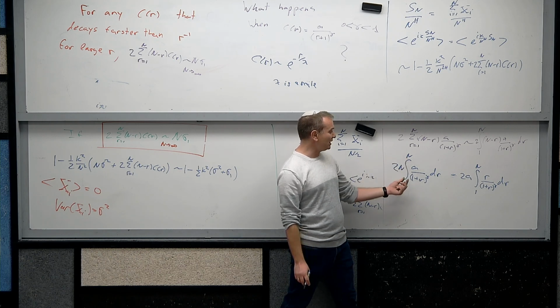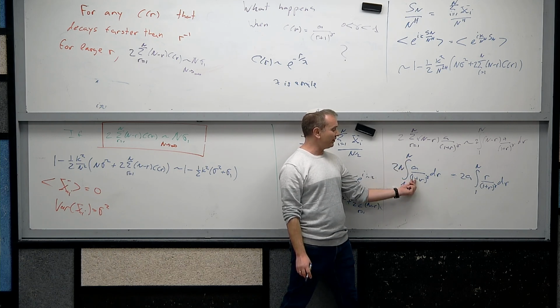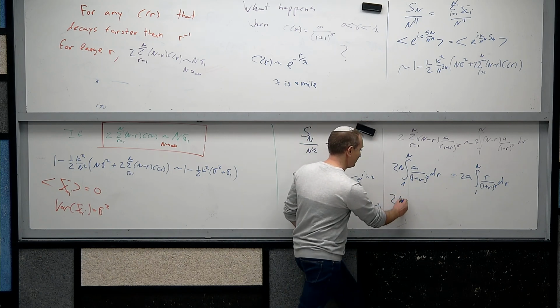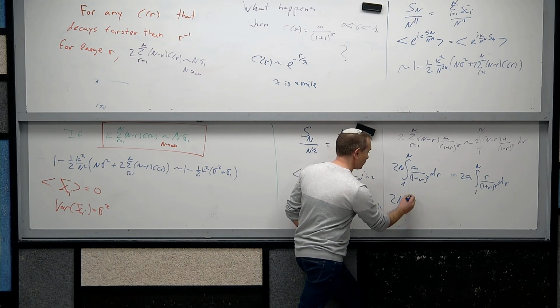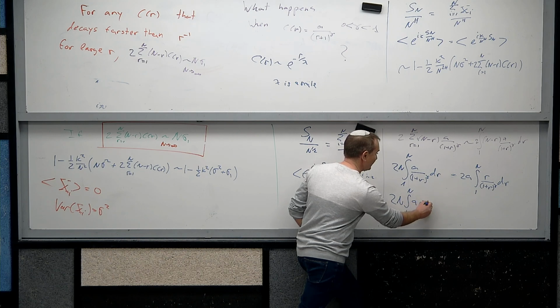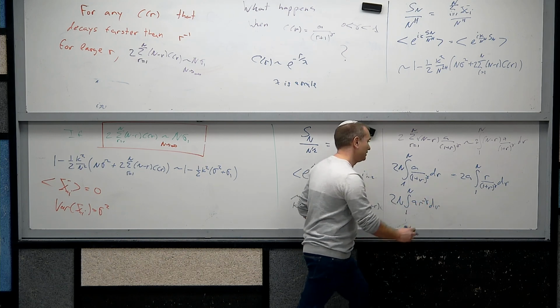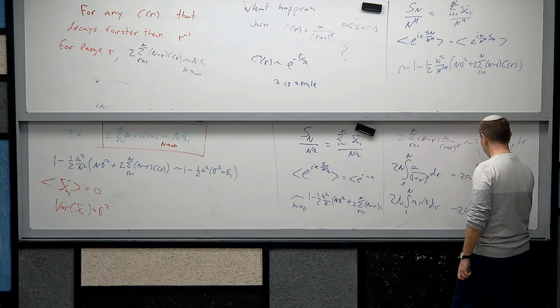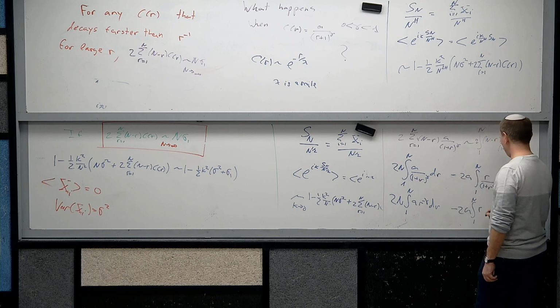For large n, I completely don't care about the 1 over here because r is large. We have 2n times the integral of a r to the minus gamma dr, minus 2a times the integral of r to the 1 minus gamma dr.